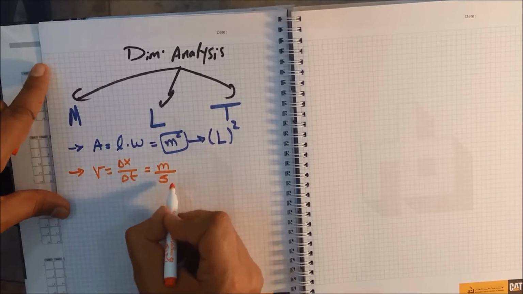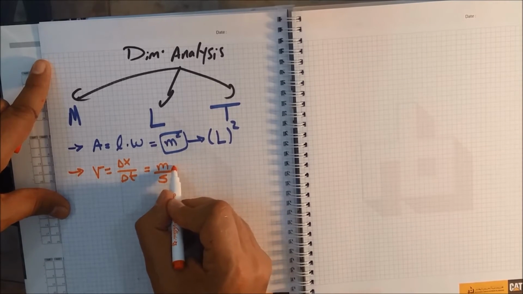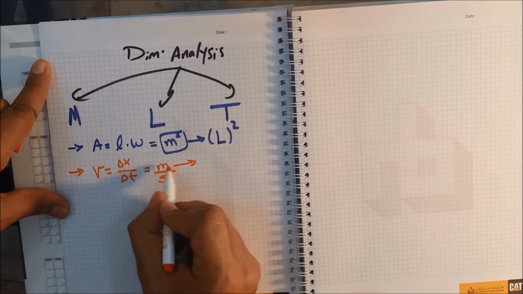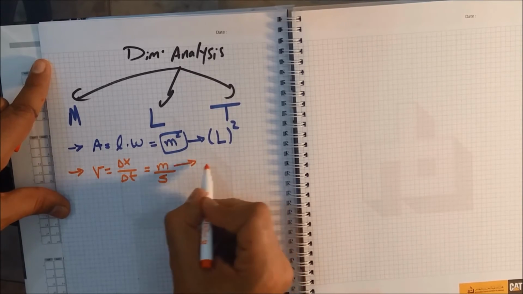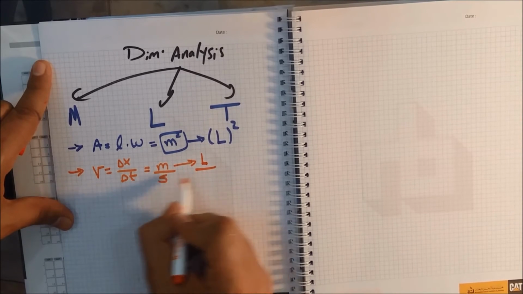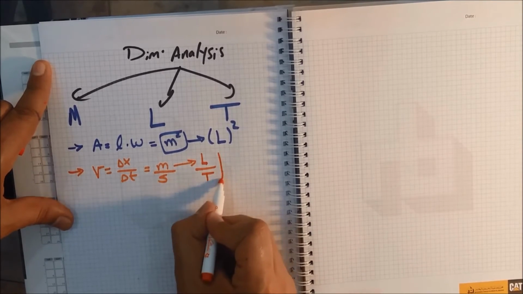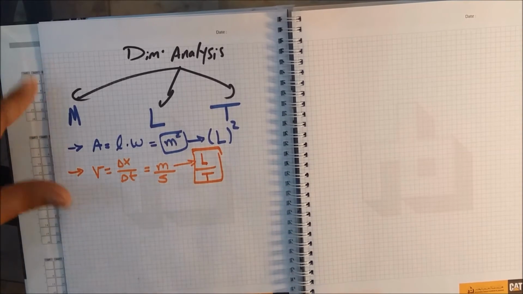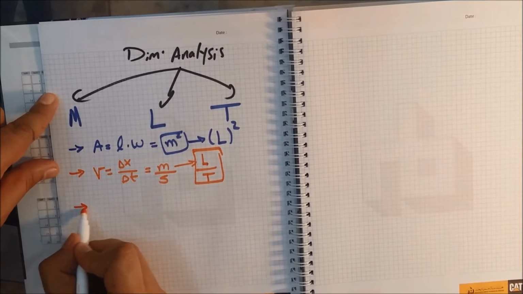What do you think the dimension of meters is? Is it mass? Is it length? Is it time? Exactly, it's length divided by time. So it is length over time, and this is the dimensional analysis of velocity.